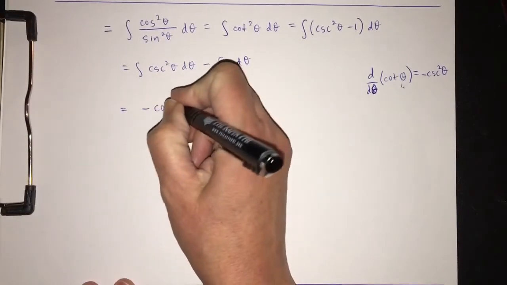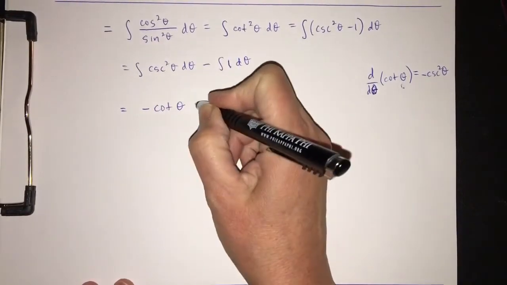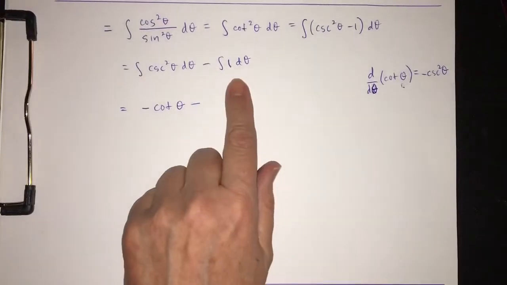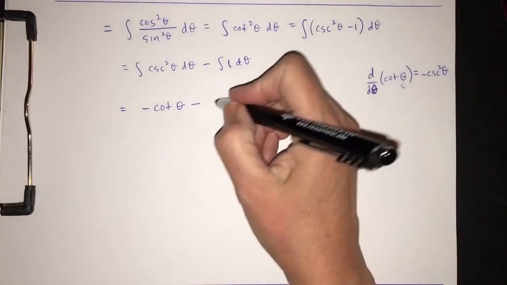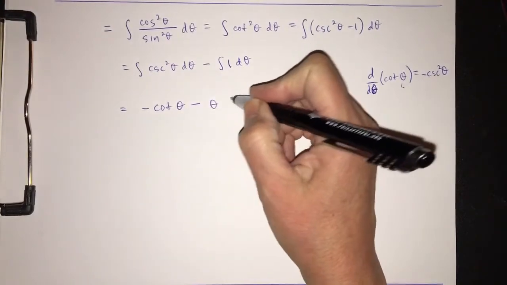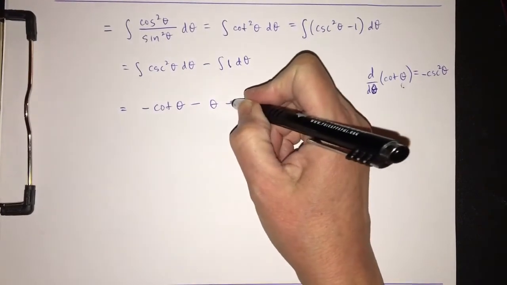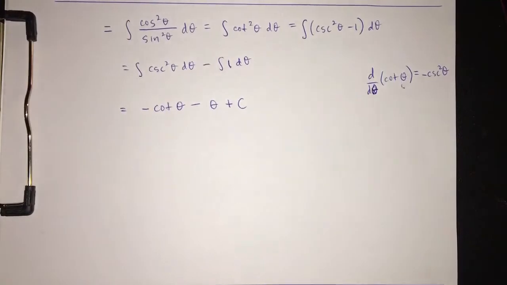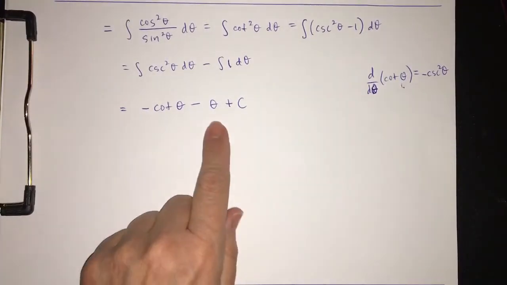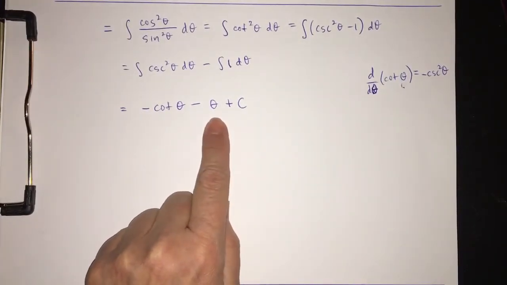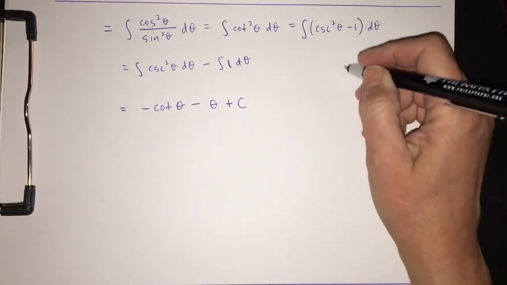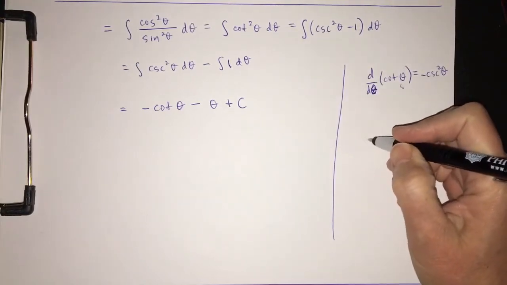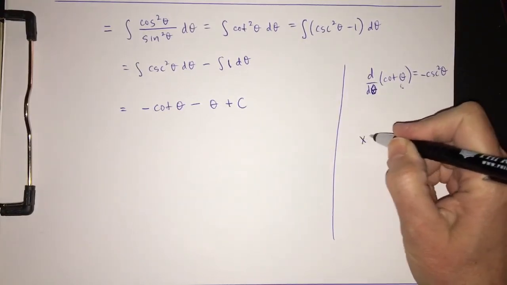So this part's negative cotangent theta, and the antiderivative of 1 is theta. 1 d theta, the variable is theta, so I'll say that's theta. Now I have got to go back to the original variable of x.